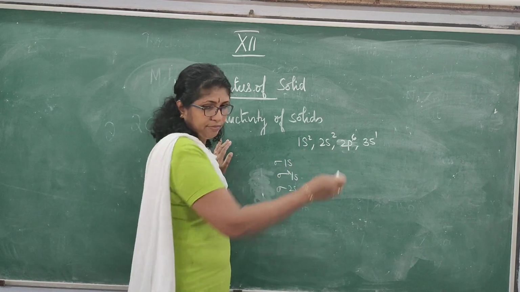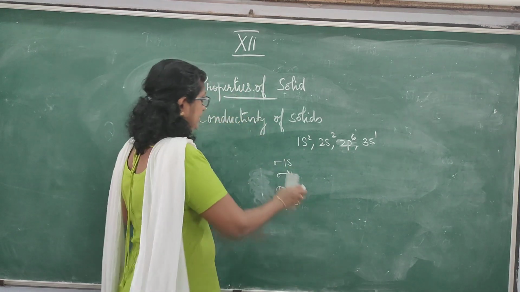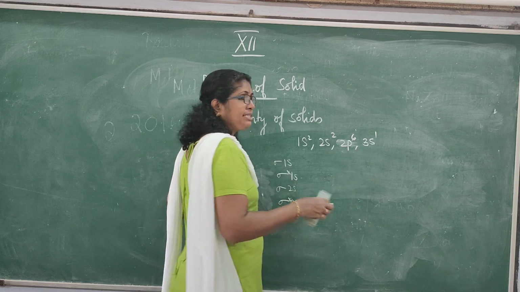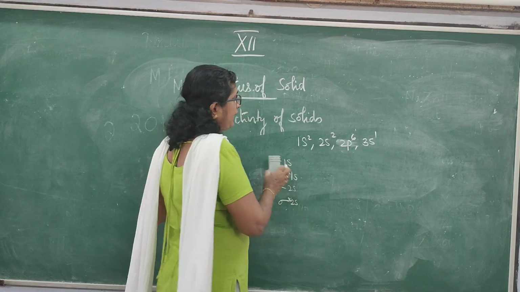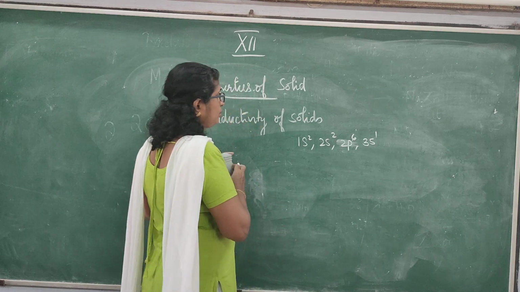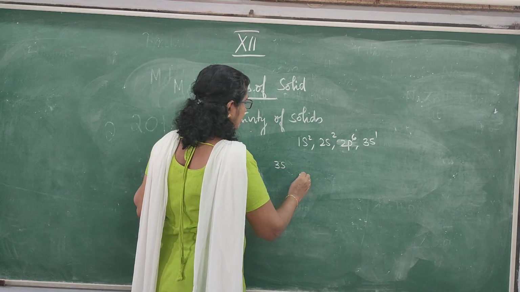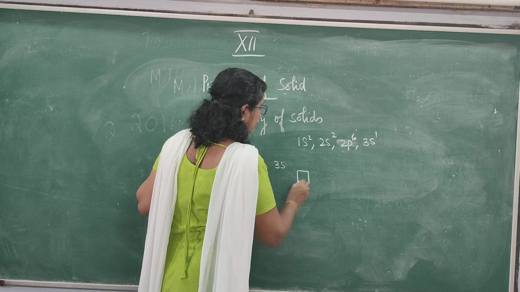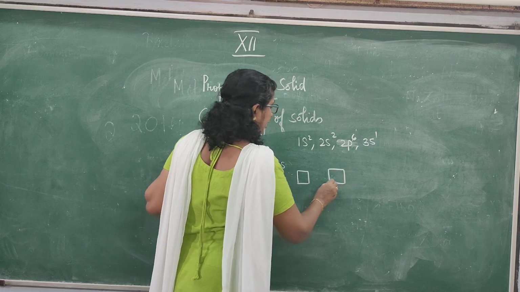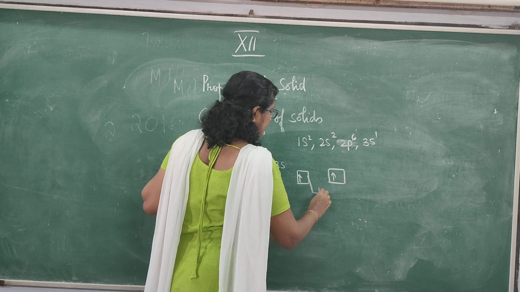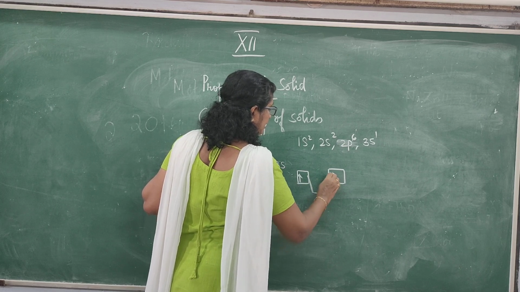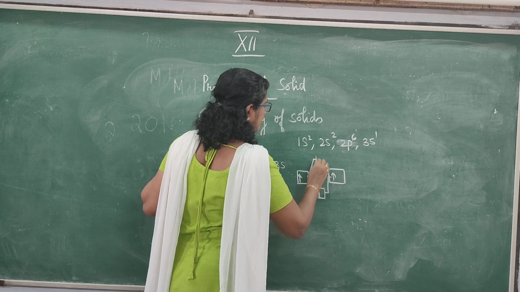2p also is completely filled. We come to 3s. Because all these atomic orbitals are completely filled, the molecular orbitals also will be completely filled. We come to 3s. We have one electron in 3s and one electron from another atom, and you get sigma 3s and sigma star 3s.